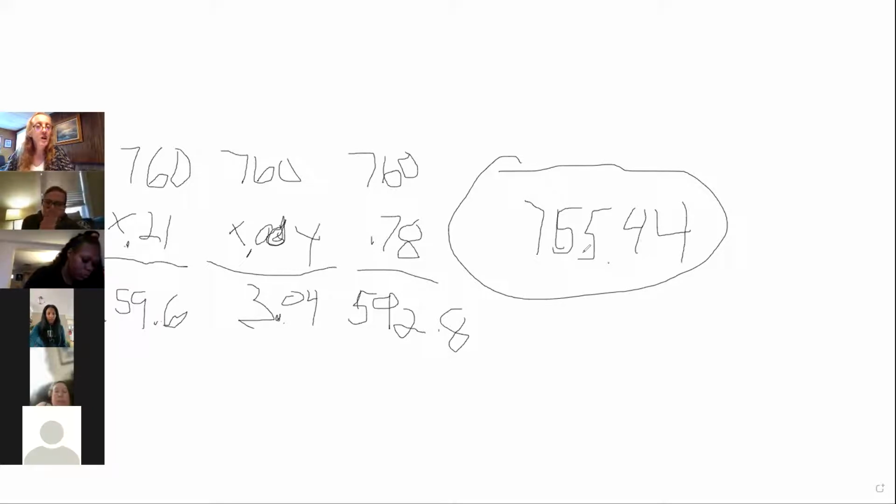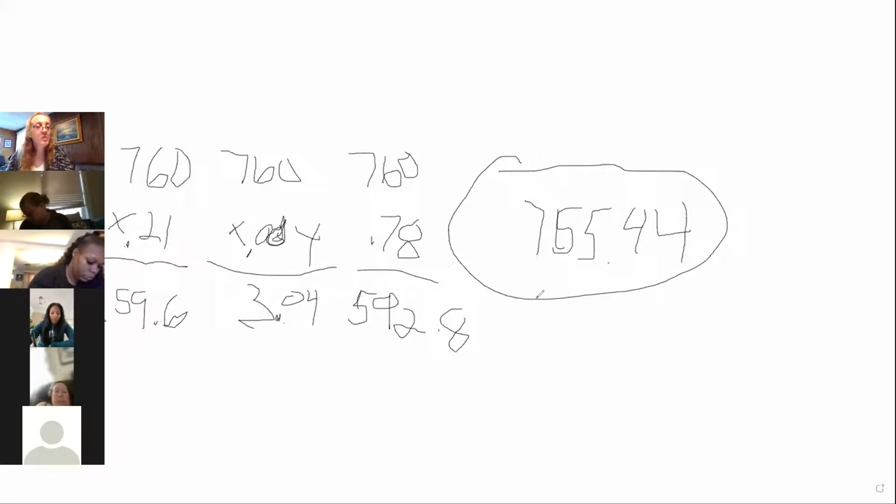The rest of the gases make up the rest. So each gas contributes its own partial pressure to the total atmospheric pressure. This is what's defined as Dalton's law.